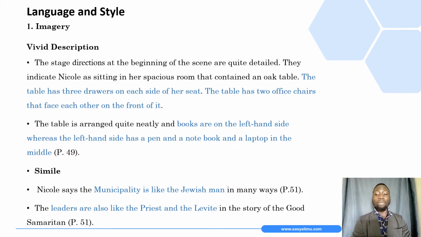Just a reminder, simile is the use of words like or as, to do what? To show comparison. So Nicole says the municipality is like the Jewish man in many ways. He compares the municipality with the Jewish man that we have in the parable of the Samaritan. So the leaders are also like the priest and the Levite in the story of the Good Samaritan.